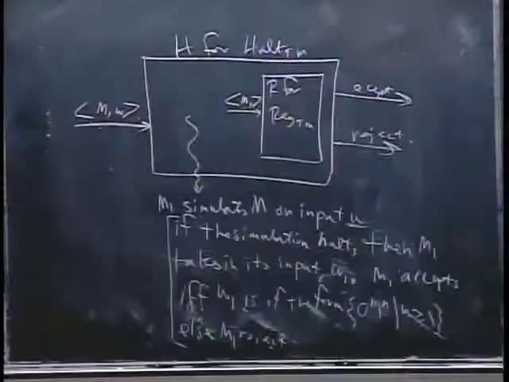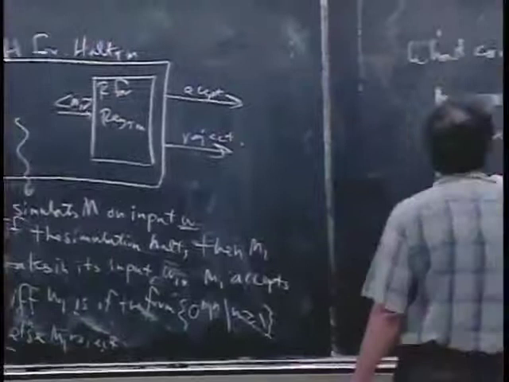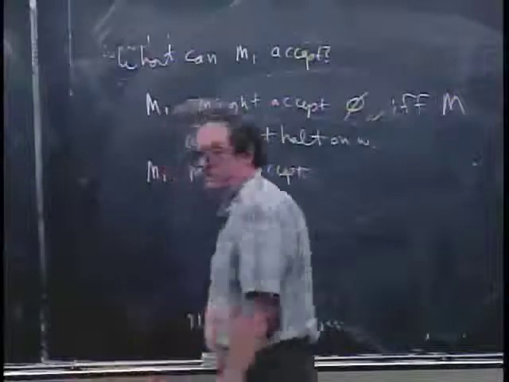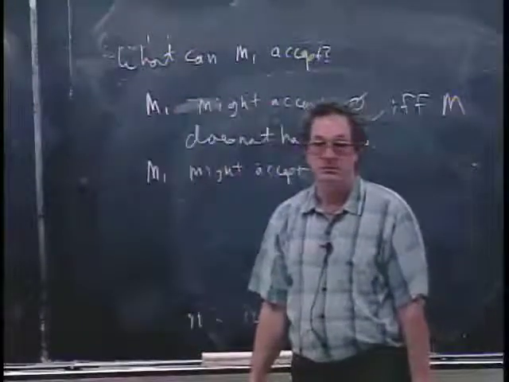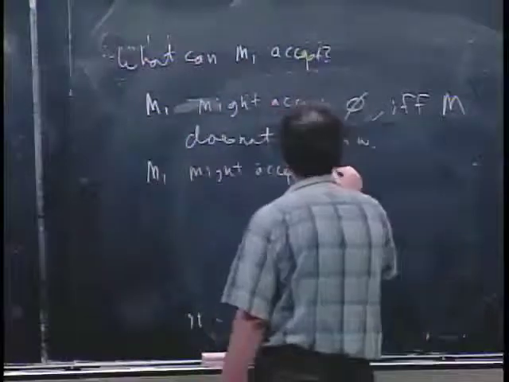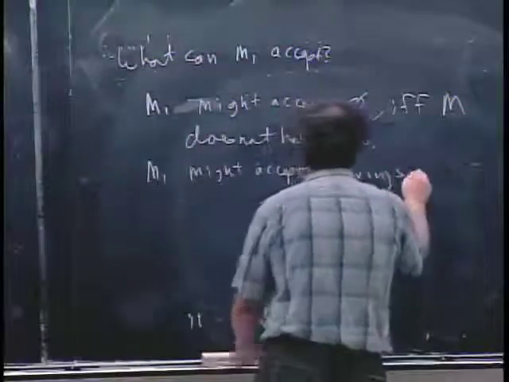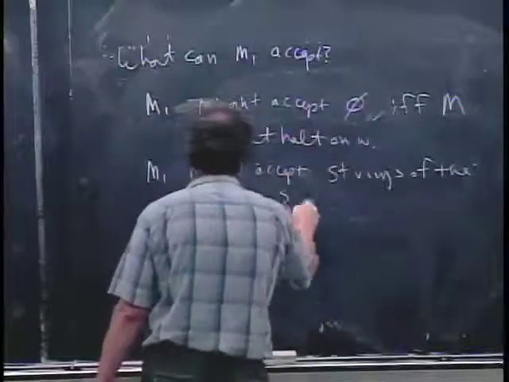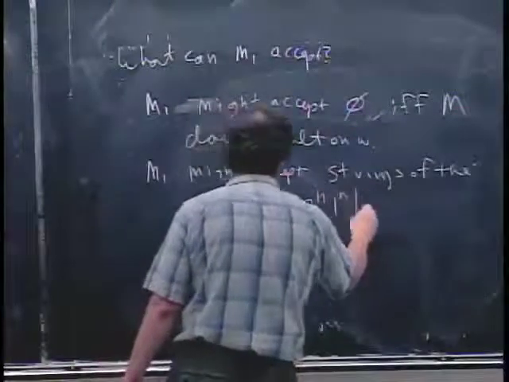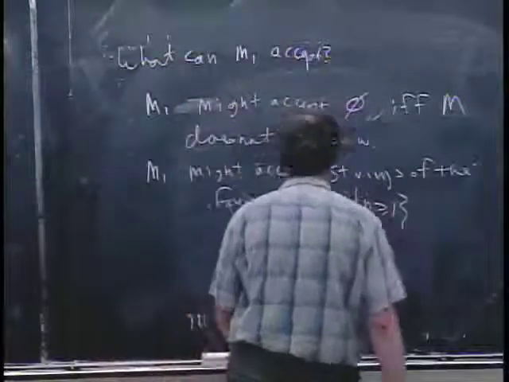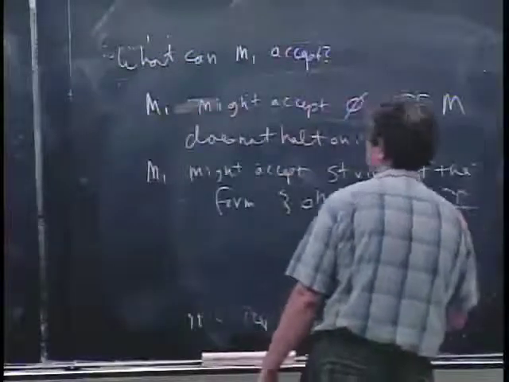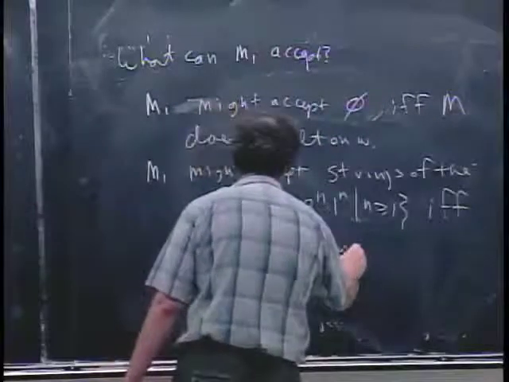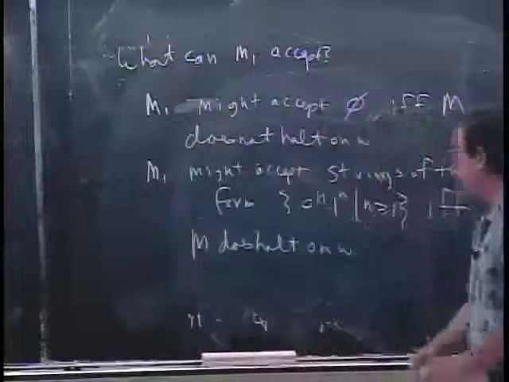Okay? What else can M1 possibly accept? It accepts strings of the form 0 to the n, 1 to the n, and that's if and only if M does halt on W. And that's all it can do.